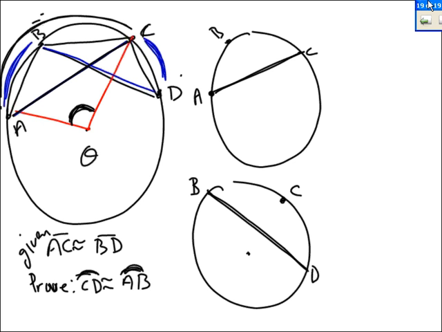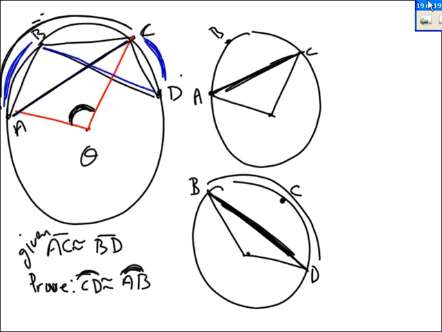Okay, so here's the center. Here's the center. These two chords in the same circle, or now congruent circles, those two chords are the same. That means this arc and this arc are the same. ABC is the same measure as BCD.